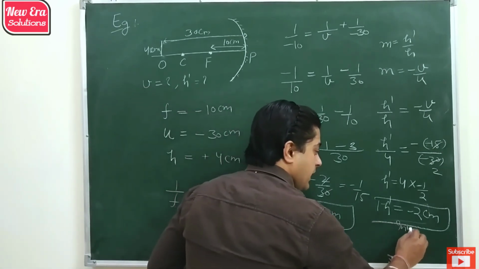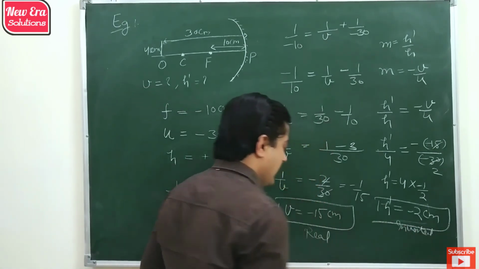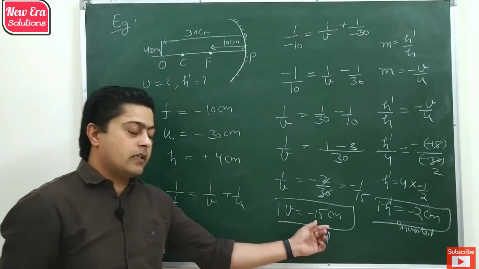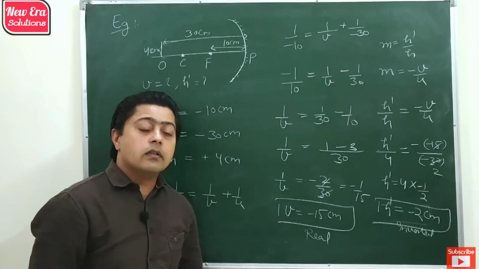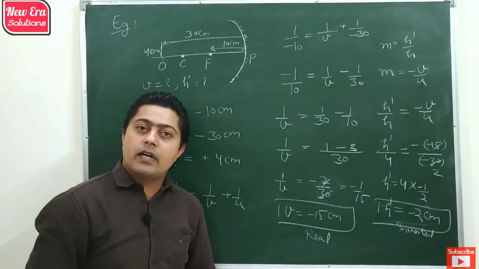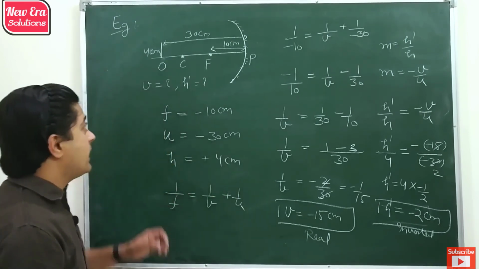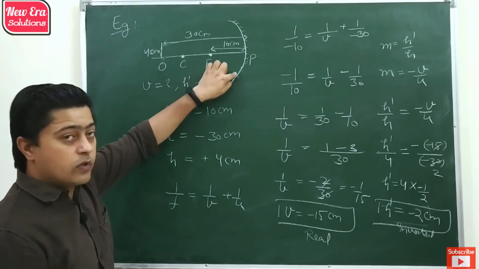So the image formed in this case is real inverted at a distance of 15 centimeter and with the size of 2 centimeter. Now if you want to rectify your answer, you can verify with the case of concave mirror.